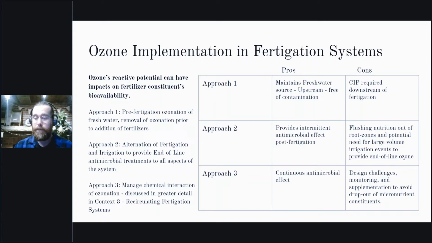But it's going to require some monitoring and adjustment from your standard fertigation schedules, and some supplementation, as well as some design considerations to decrease the rate of reaction between ozone and the fertilizer constituents, which we'll discuss.